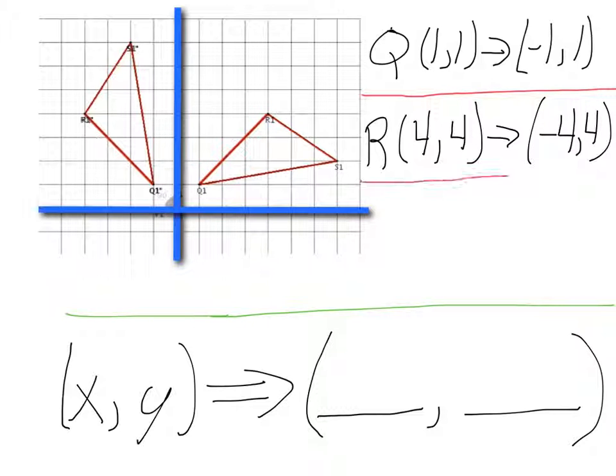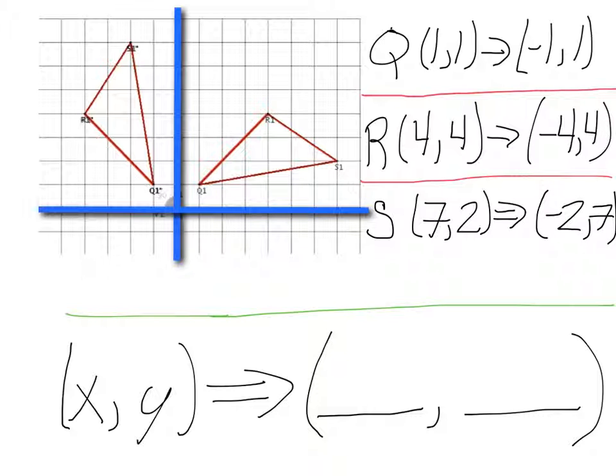Alright, let's look at our final example. So let's write out S. S is located at 1, 2, 3, 4, 5, 6, 7, comma 2. So S is at 7, comma 2, and that's going to go to S prime, which is located at negative 2, comma 7.